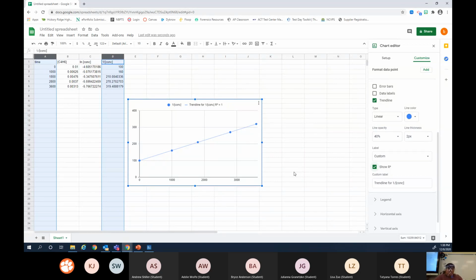To do that on your calculator, you're going to go back into Stat, Edit, and if you move over to the right, there is a list 4. So you can do the same thing.